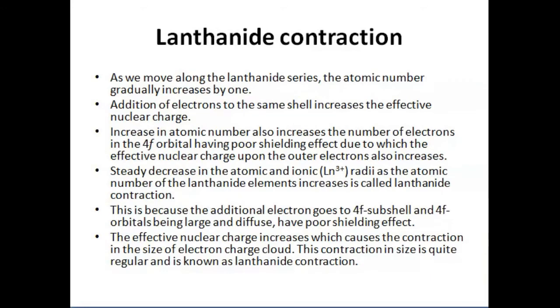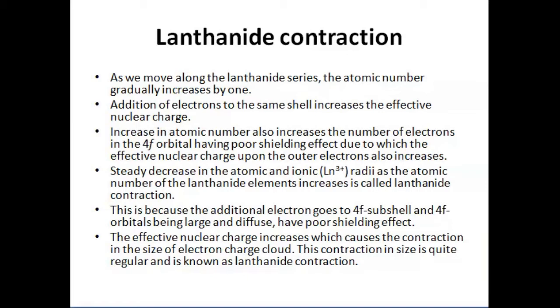The very important concept from F block element is lanthanide contraction. As we are moving along the lanthanide series, the atomic number will gradually increase by 1, and addition of electrons to the same shell increases the effective nuclear charge.